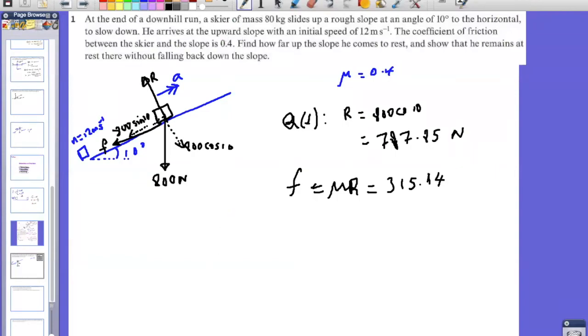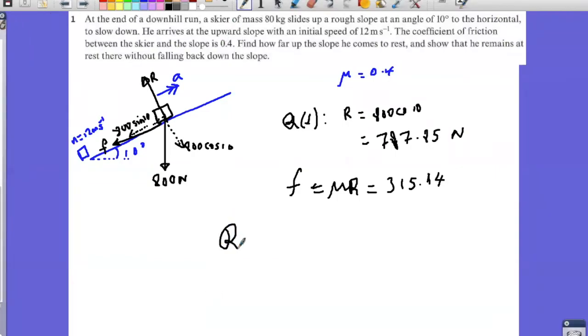So now we resolve parallel to the plane. We get minus 315.14 minus 800 sine 10 should be equal to the mass of the person, 80, times a.